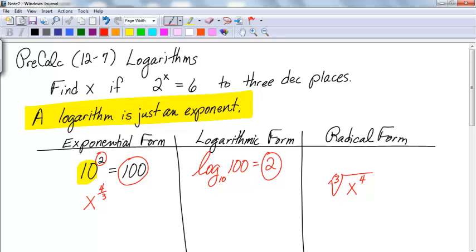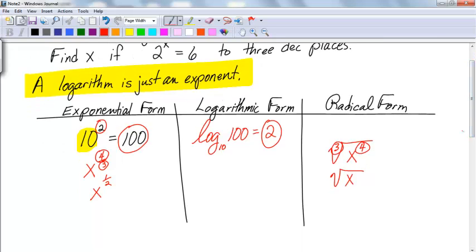That index is the denominator. This is the numerator. So anything to the square root power is to what exponent? 1/2. Anything to the cube root would be to the 1/3 power. But we're not going to worry that much about the radical form right now. You did that in Algebra 2. We're going to go exponential and logarithmic.